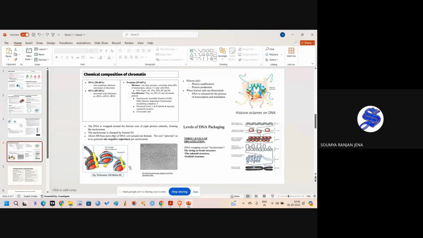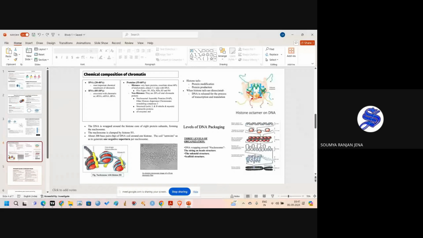Then, if we go to the structure of the nucleosome complex, the DNA is wrapped around the histone core of 8 protein subunits, forming the nucleosome. This is the nucleosome core, 8 histone molecules, which wrap around the DNA, and this nucleosome is clamped by histone H1.